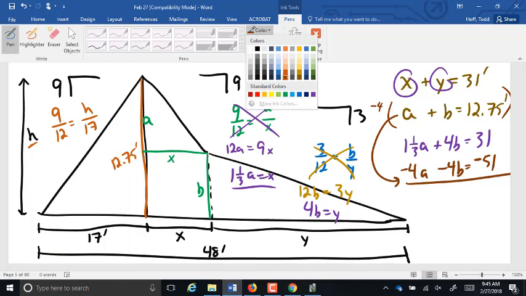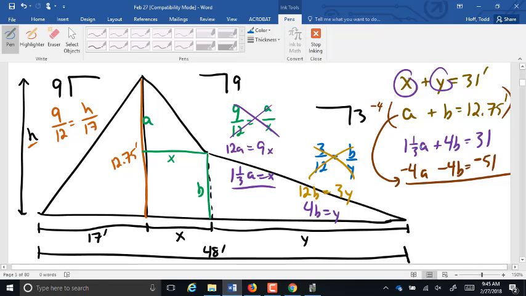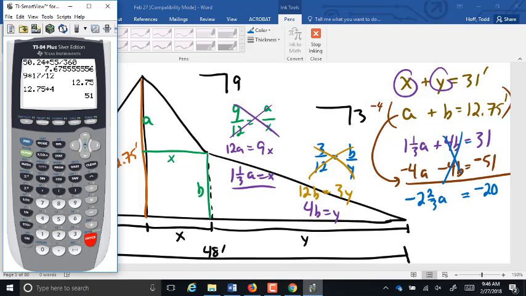So now we're going to do our elimination here. 1 1/3 A plus -4A is -2 2/3 A. 4B and -4B cancel out. 31 plus -51 is -20. So now we're going to divide by -2 2/3.